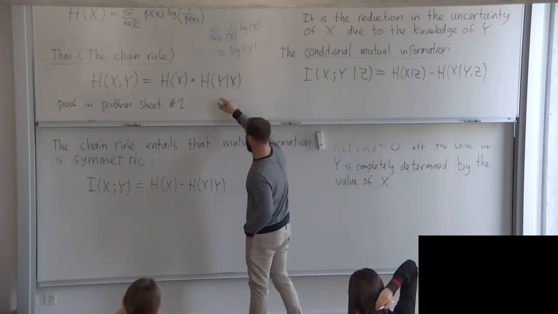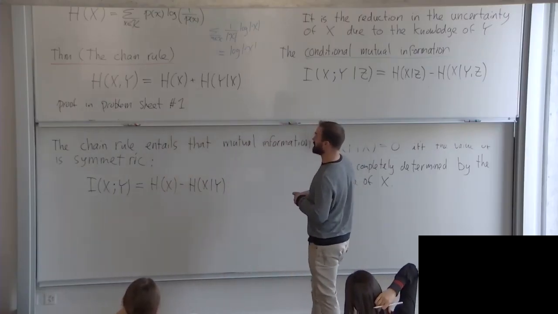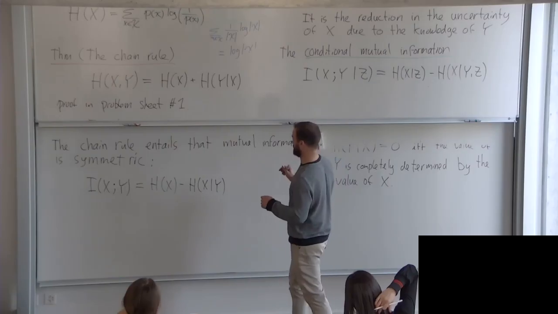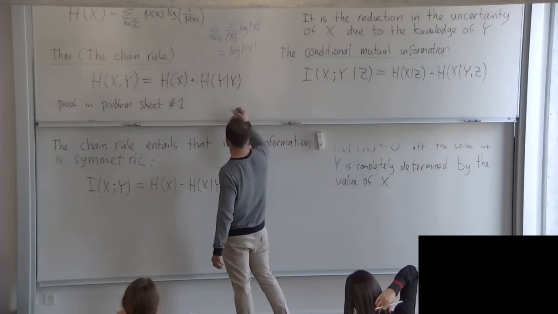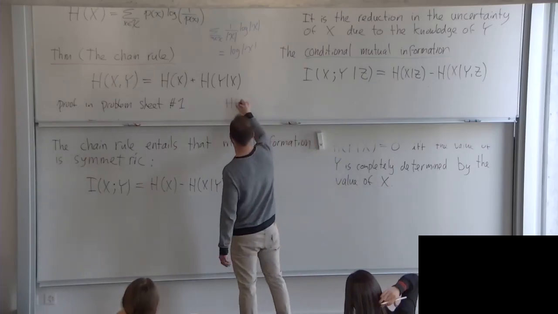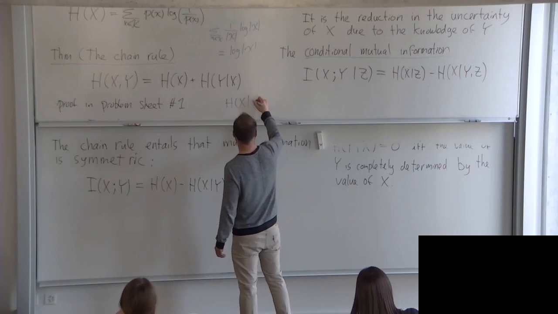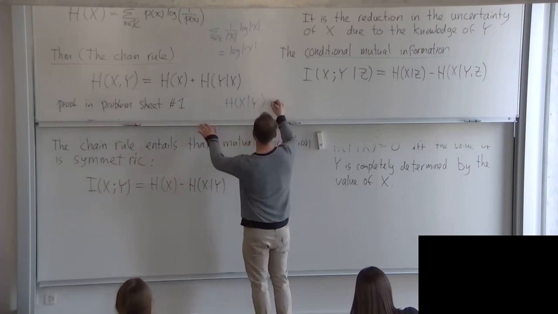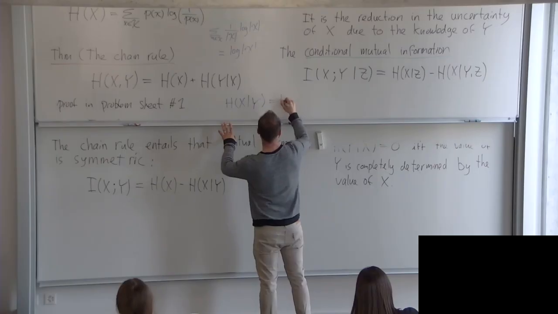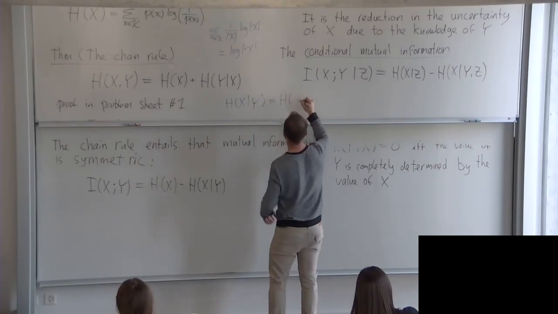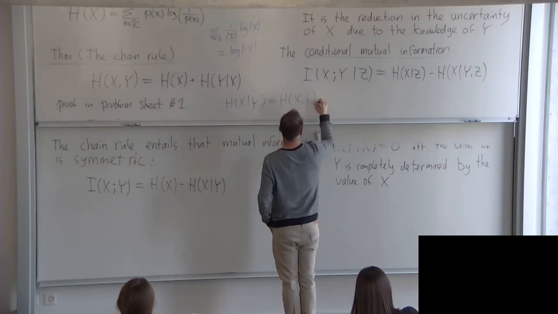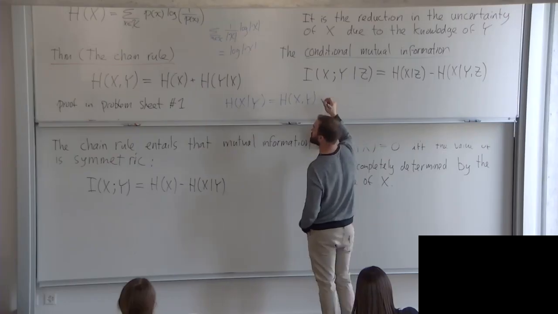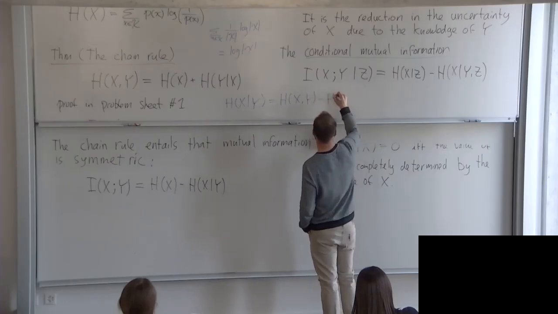By the chain rule here, it's a bit confusing, I have it on the other side, but we'll be able to get there. I can simply write that H of x given y, which is what I will want, is equal to H of the pair minus H of y.